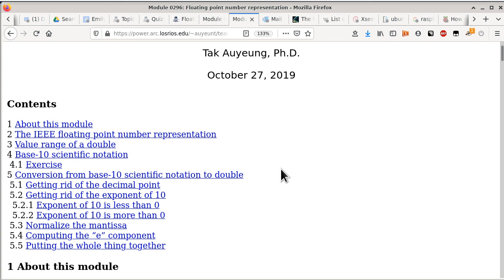Because floating point numbers have to do with breaking up a value into two main parts, the mantissa and the exponent. Okay, so let me ask you this question. Does everybody in this class understand what is scientific notation? At least you know how to enter a value using the scientific notation on a calculator. So are we good on that?